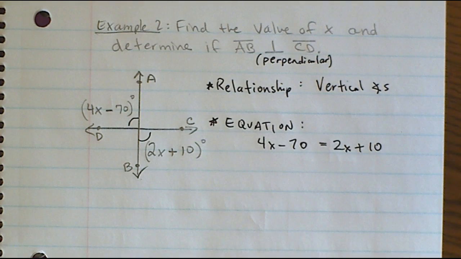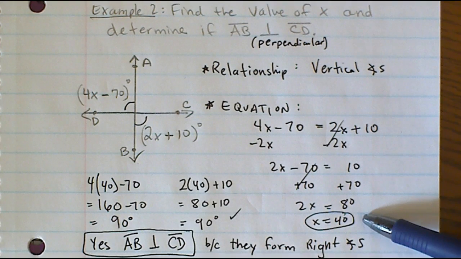I'm setting these equal to one another because we know that vertical angles are congruent. And so now I want to solve for x, take that value for x and plug it back in to see if these lines are indeed perpendicular. So I'll let you guys go ahead and do that, and then at the end, see how well you did.